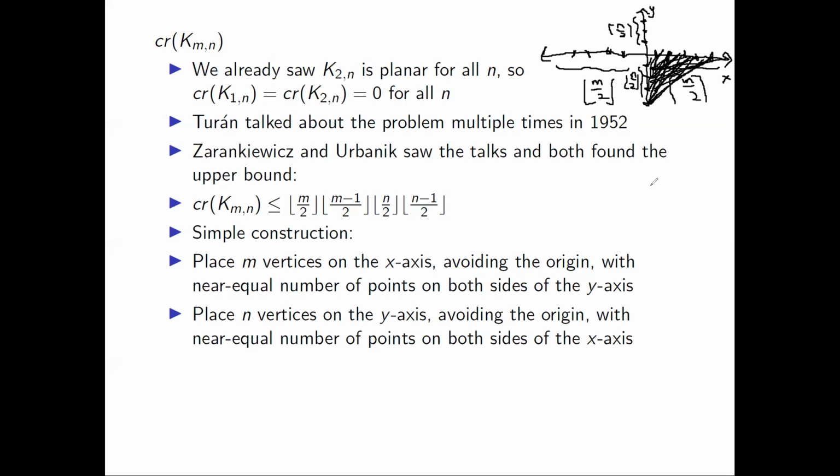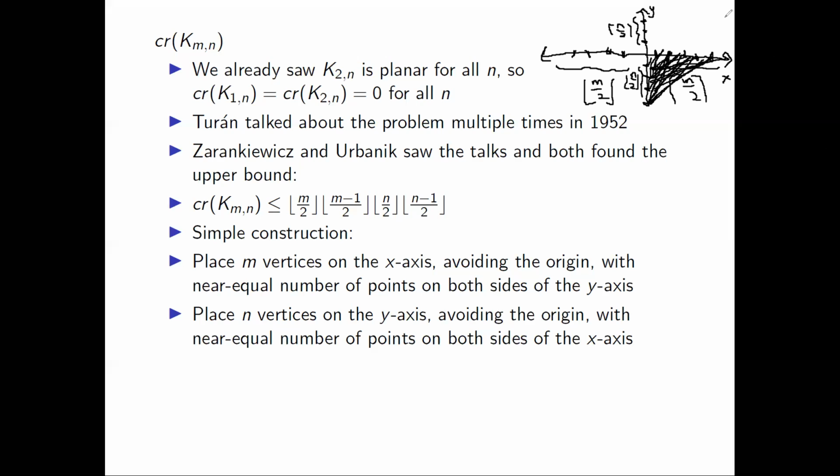And therefore, each edge lies fully in one of the quadrants. And that tells us that all of the intersections also have to lie in some quadrant. So each intersection in some quadrant will be between two edges that are both fully contained in that quadrant. So to count the number of crossings here, we can just focus on each quadrant separately and then add them up.